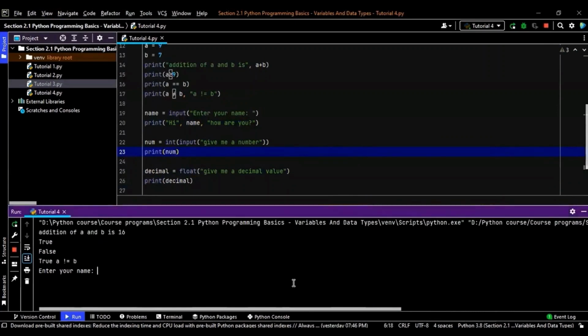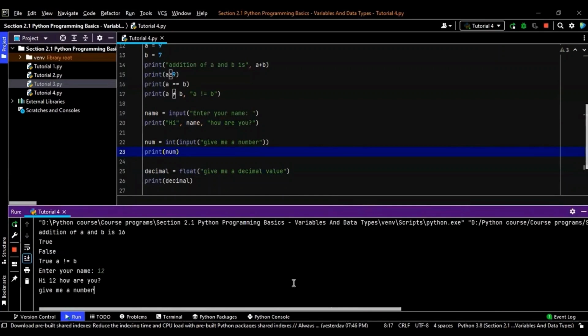Enter your name. What if I enter my name as a number? Do you have any idea what this will do? Let's take a number and see. Hi 12, how are you? So it is actually considering 12 as a string.